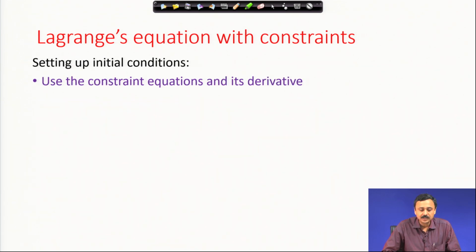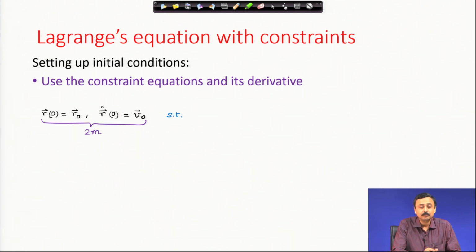So, to set up the initial conditions, we use the constraints and their derivatives. We have 2m initial values, m for each coordinate. So, we have the m position values and m velocity values at time t equal to 0.